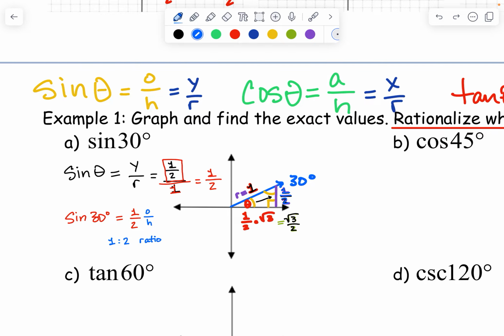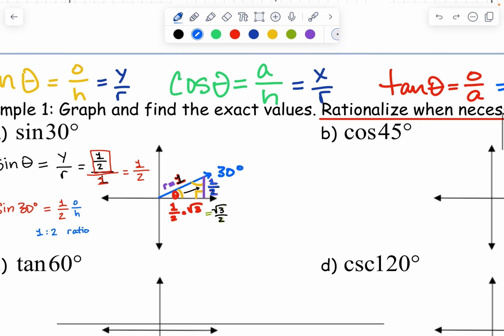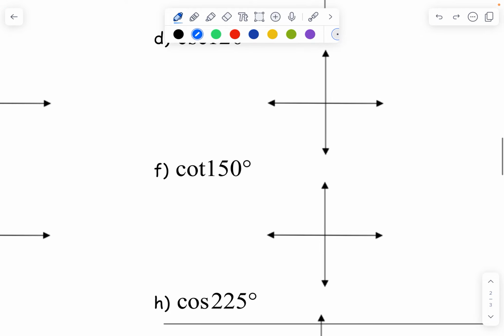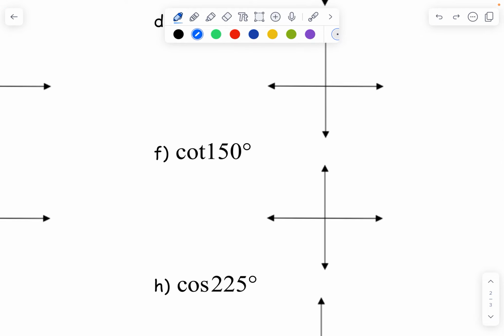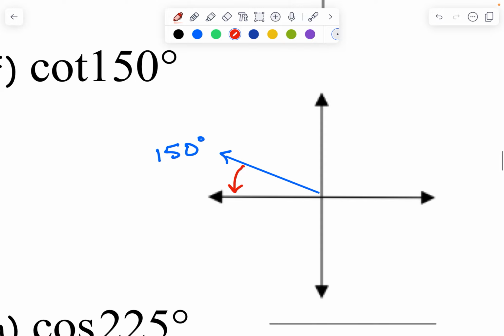Let's look over at cotangent of 150. If I go over here, 150 degrees falls in Q2, and that has a reference angle of 30.